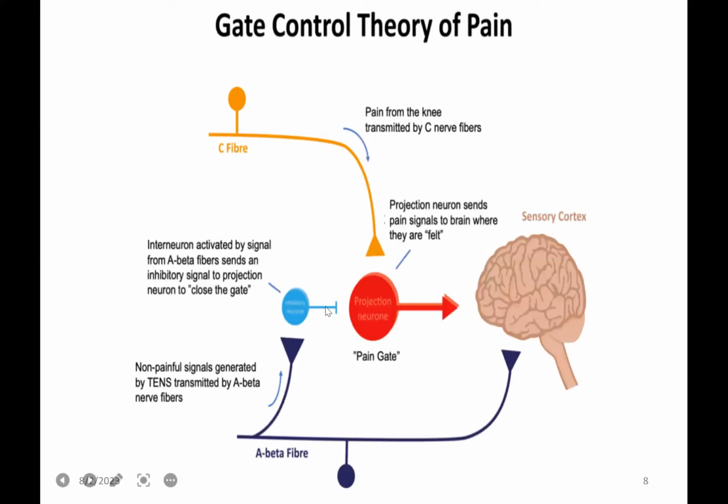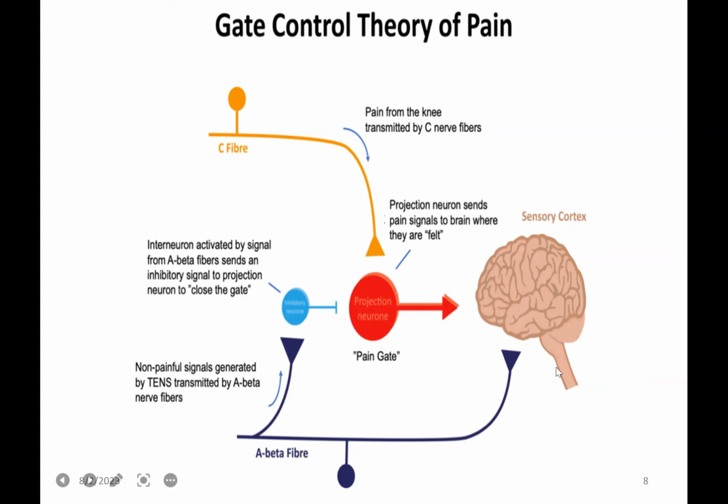states that if you look at this image, you have the nociceptor there, you have the C fiber which transmits the pain, and then you have this area, the synapse at the level of the spinal cord, through which impulses pass to reach the higher centers for processing, which is the brain.